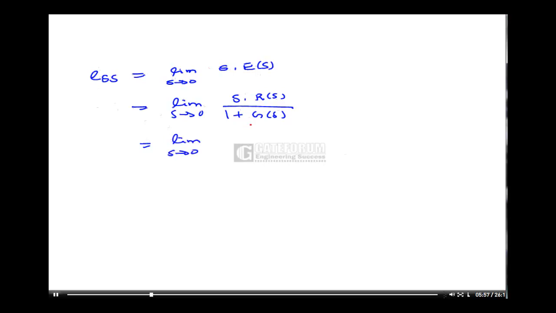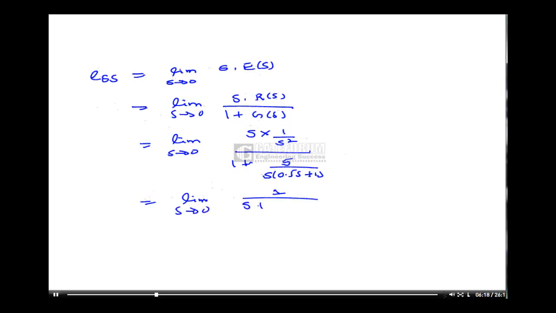So s into 1 by s square, because R(t) is a unit ramp, so R(s) will be 1 by s square, upon 1 plus 5 upon s into 0.5s plus 1. Limit s tending to 0 of 1 upon s plus 5 upon 0.5s plus 1, which is equal to 1 by 5, equal to 0.2. This is the answer for steady state error.